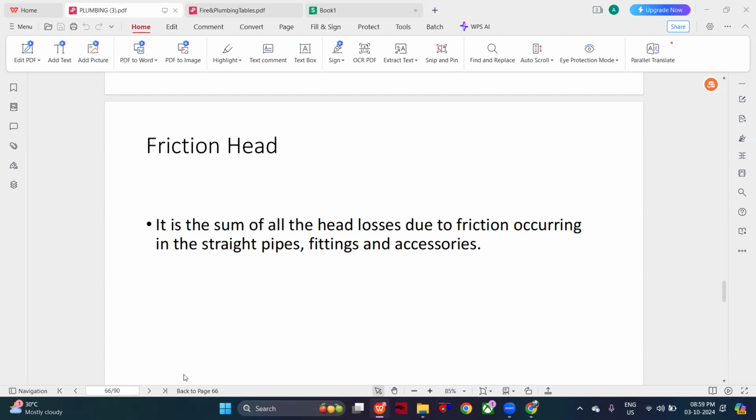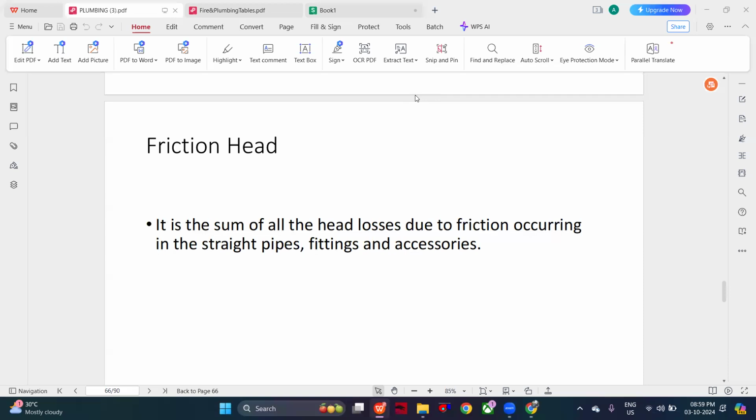This is the main mistake everyone makes. I said, what are the accessories, not the fittings? There is a difference between fittings and accessories. Elbow, reducer, T joints, these are all fittings. What are the accessories?